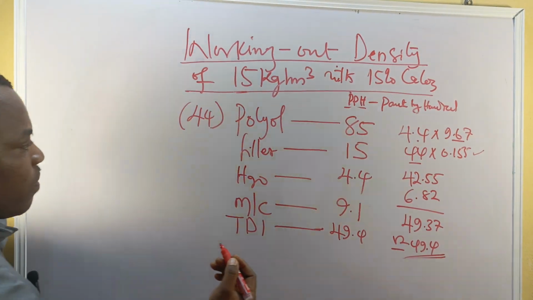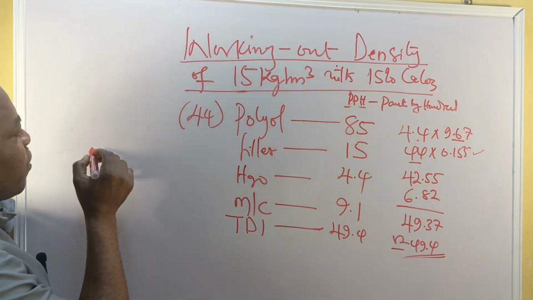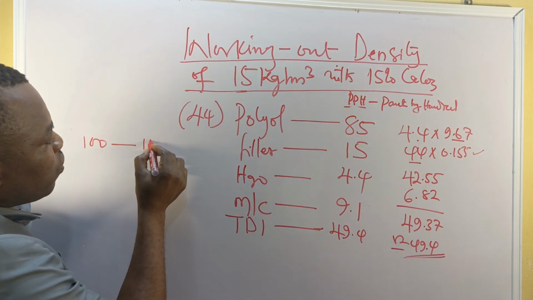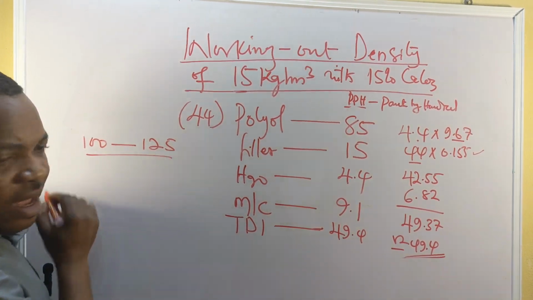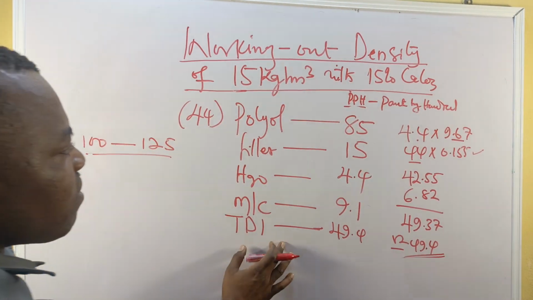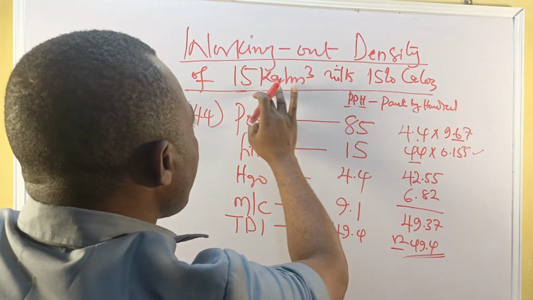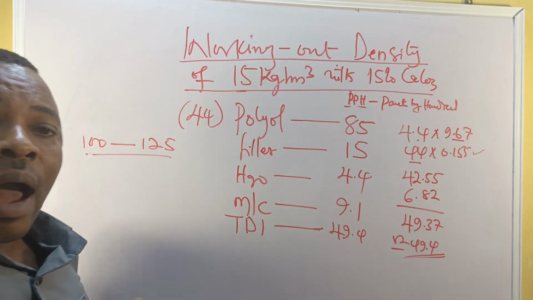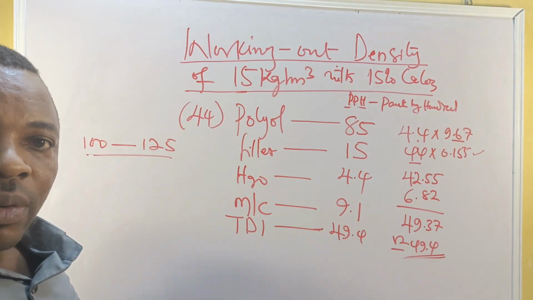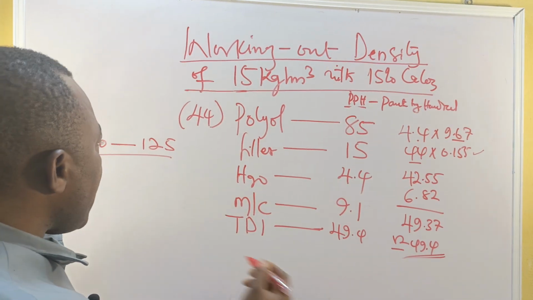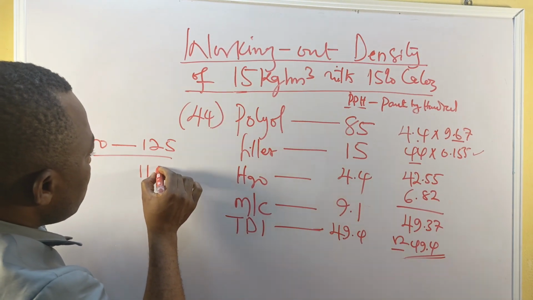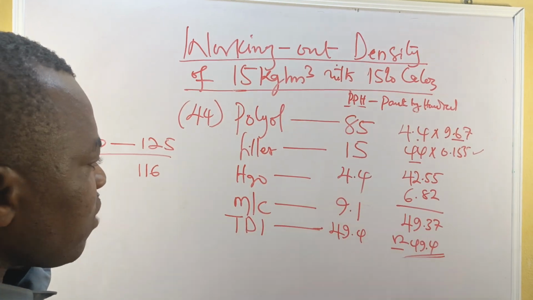The index range is from 100 to 125. Your foam is safe within this range. But since I'm using 15 density, and I want the foam to be not too hard or too flexible, I will choose an index of 116.